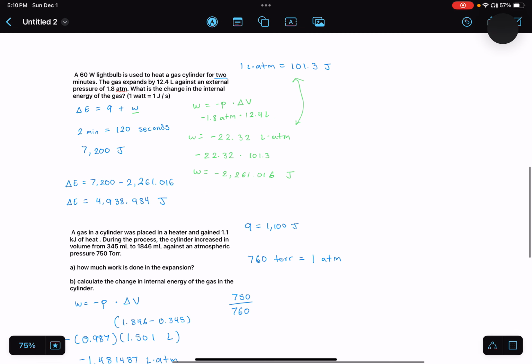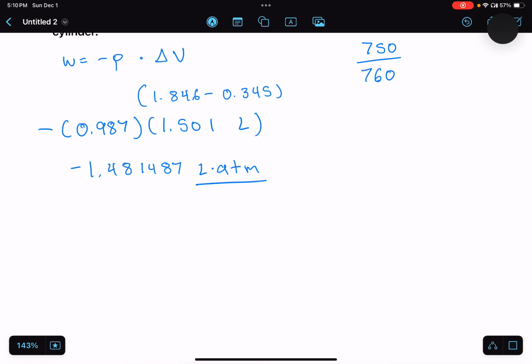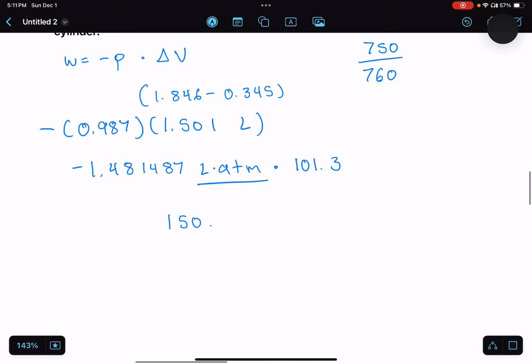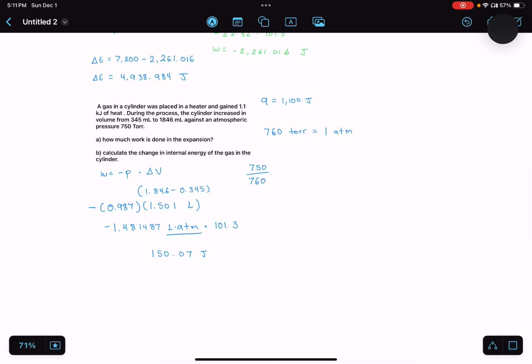We do that by multiplying by 101.3. Times 101.3, we get negative 150.07 joules.